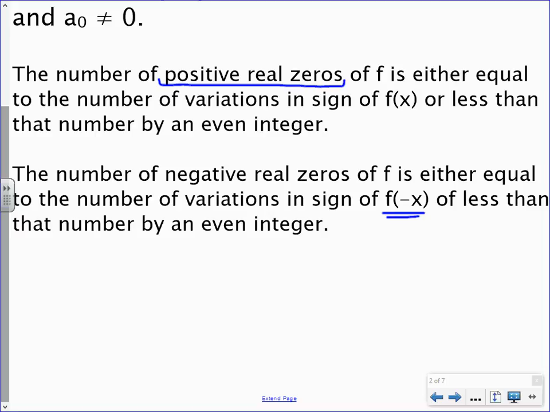So why is this helpful? If using Descartes' rule of signs, it says we're only supposed to have one positive real zero, once we find it, we're not going to try another positive number. If it says that we're supposed to have no negative real zeros, then you're not going to plug in any negative numbers because you know that they're not going to work.